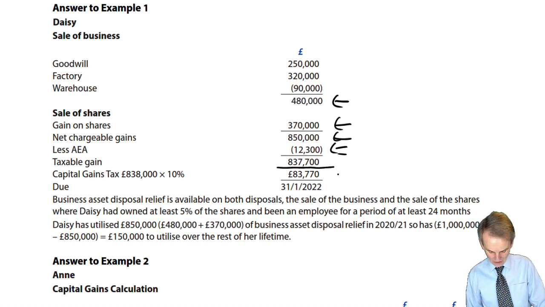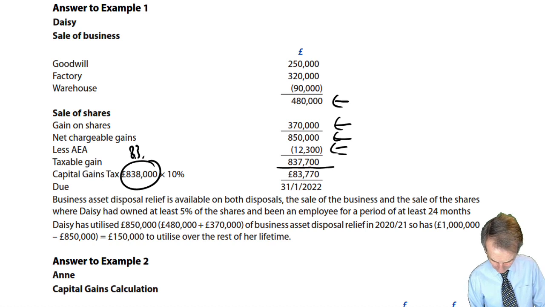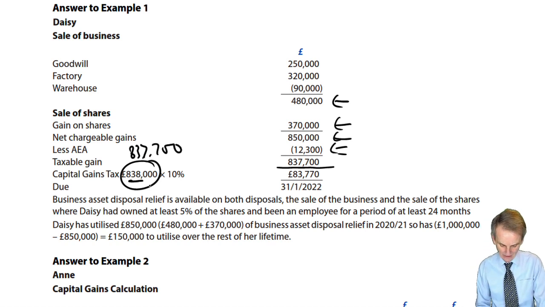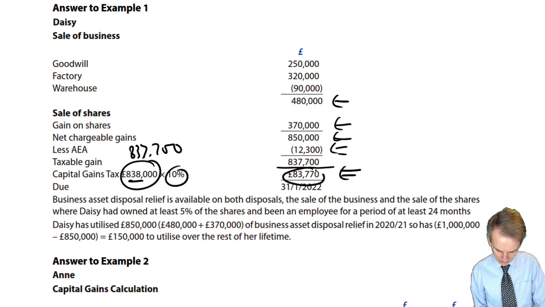That £837,700 there, oops, that should be 837,700, not 838,000, my apologies for that. But that at 10%, yes, that's correct. It's £83,770 there.